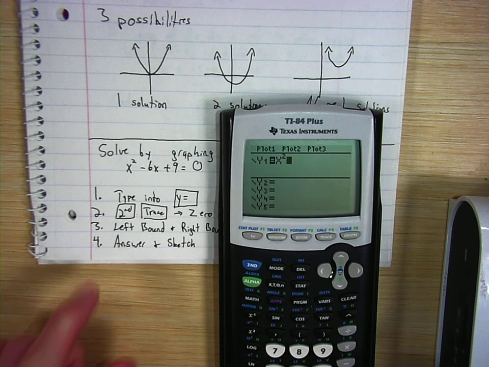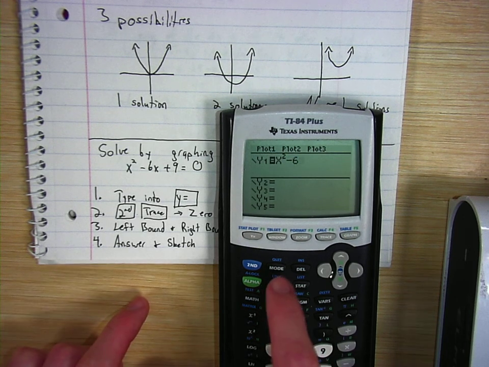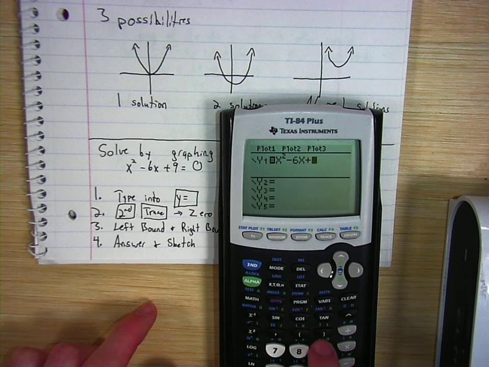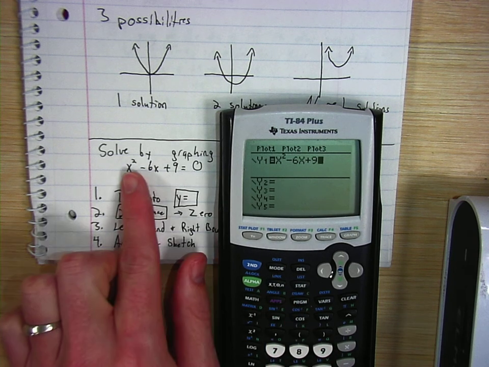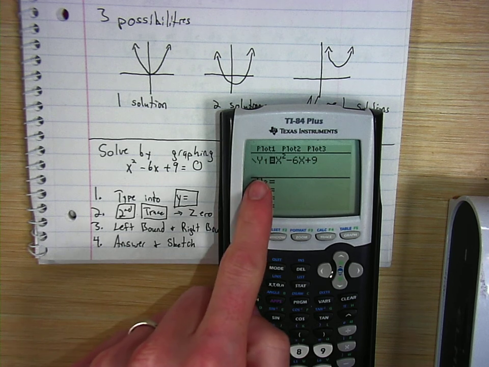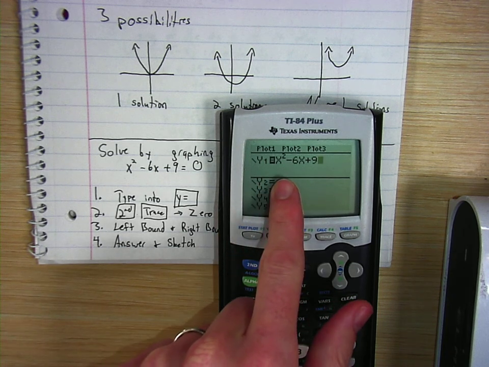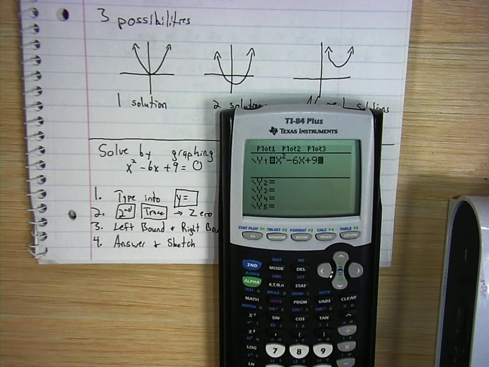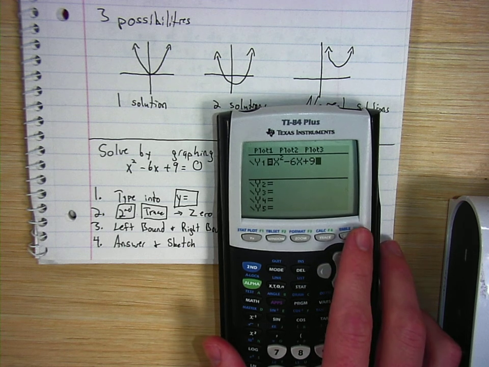X squared minus 6x plus 9. Notice that this is equal to 0. We need this to be equal to 0 before we can graph it for today's lesson. So y equals x squared minus 6x plus 9. Then we're going to push graph.